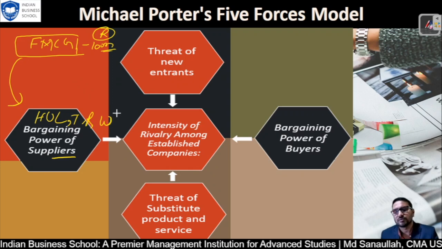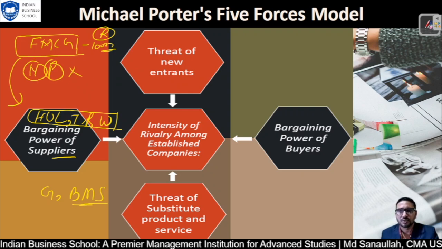So you are in the FMCG industry and you are buying product from this kind of company who are giants in nature. They have a big market share. So do you think you can negotiate price with them? I think no, right? In those cases, they will be able to charge price. They can create monopoly.